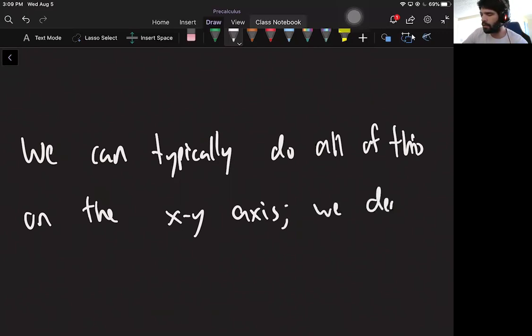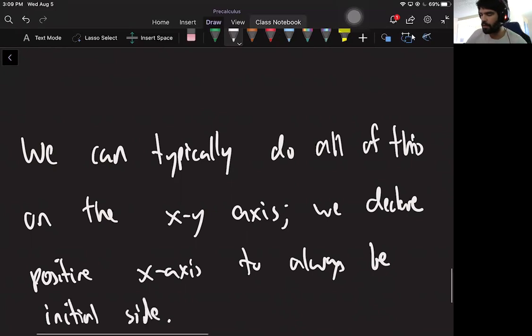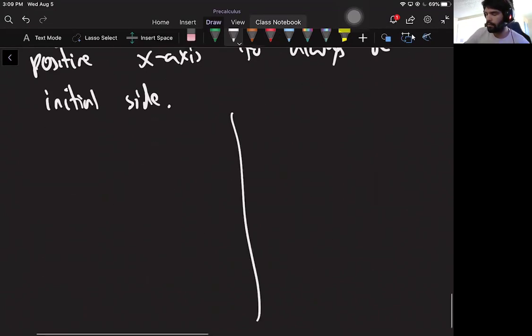We declare the positive x-axis to always be the initial side. And we measure our angles from there. So here's the XY axis.